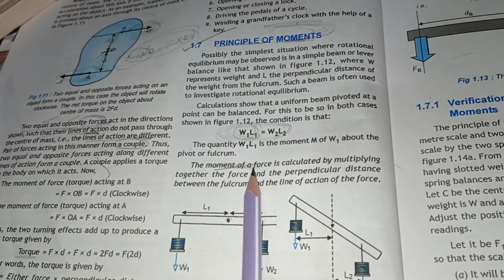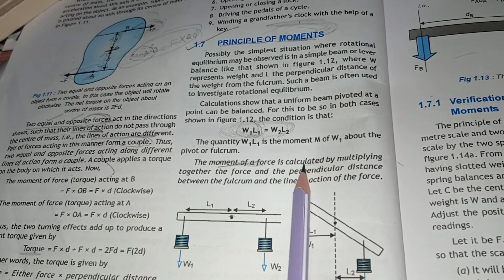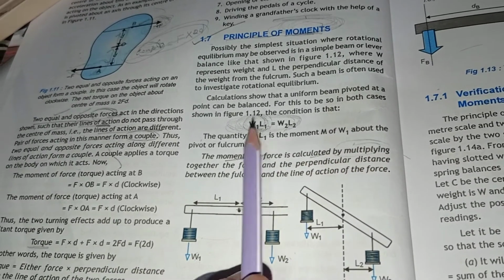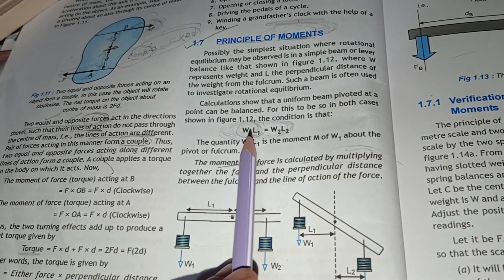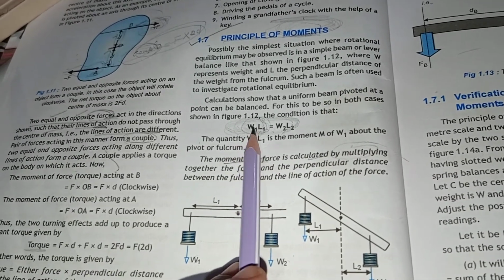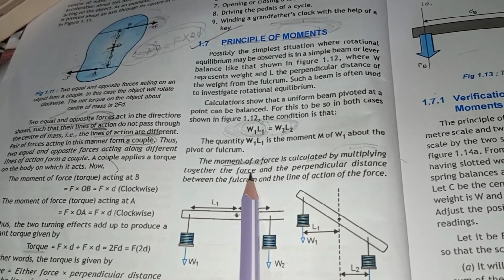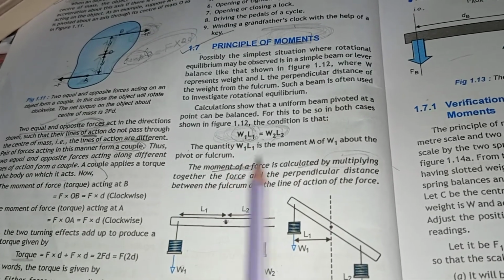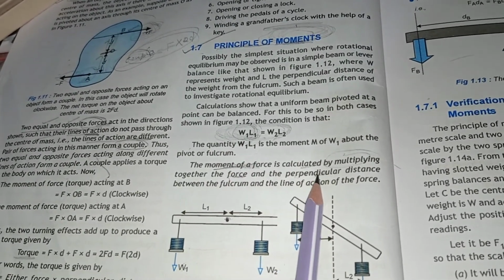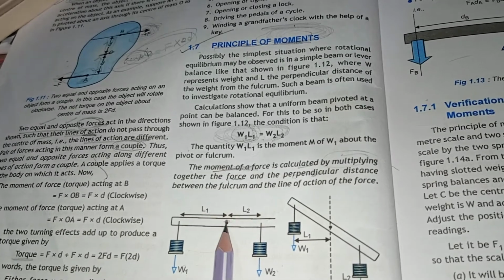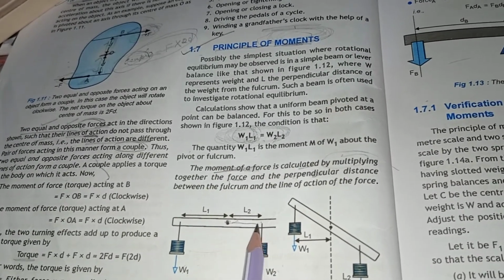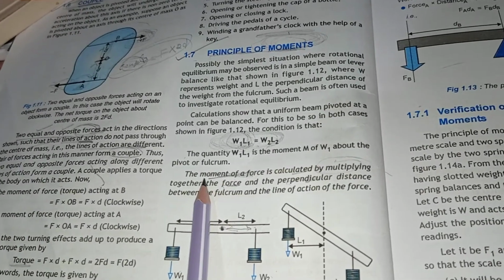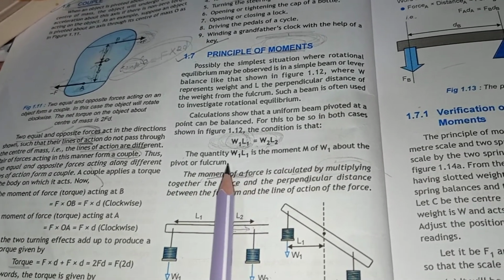What is the moment of force? Moment of force is the multiplication product of force (W1 here is weight, which is also known as force) and the perpendicular distance between the fulcrum and the line of action of the force. This is the definition of moment of a force.